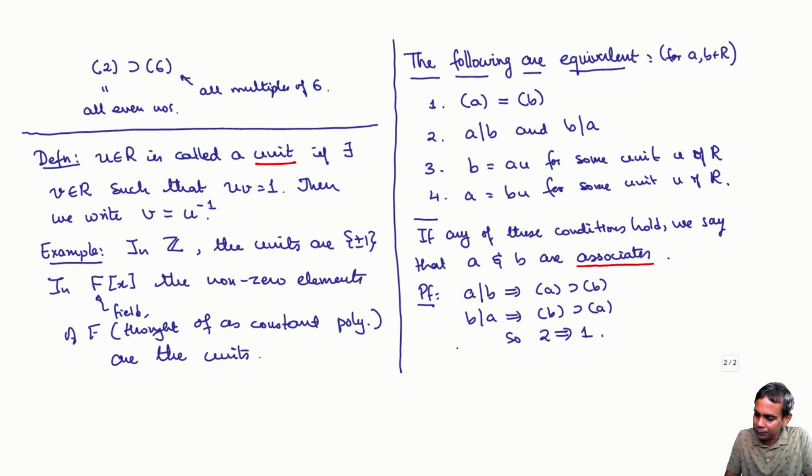So if A is equal to B, or maybe we'll prove that 2 implies 3 and 4.